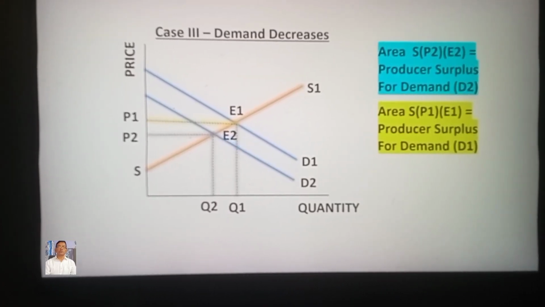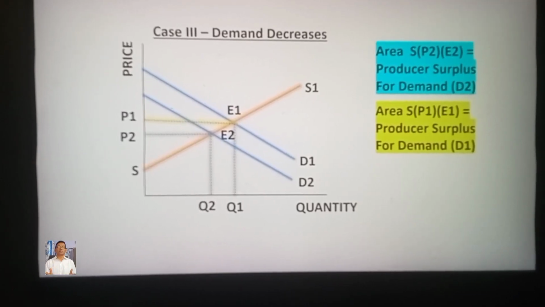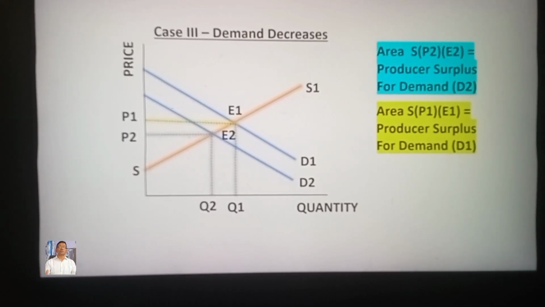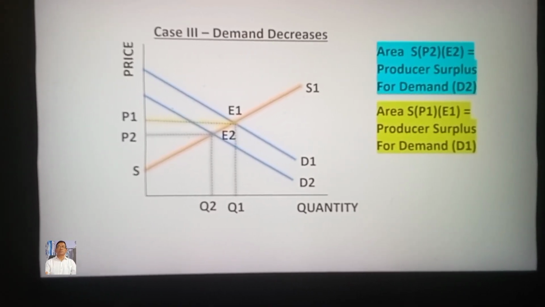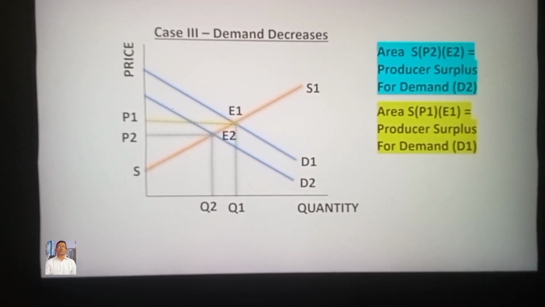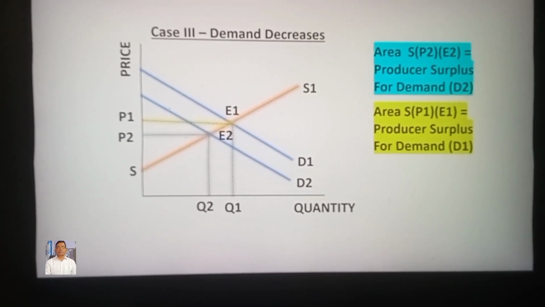Case 3. Demand decreases. A decrease in the demand for a good or service will result in a decrease in price from P1 to P2, as well as a reduction in quantity of the good or service in the market from Q1 to Q2. As a result of this, producer surplus will decrease.